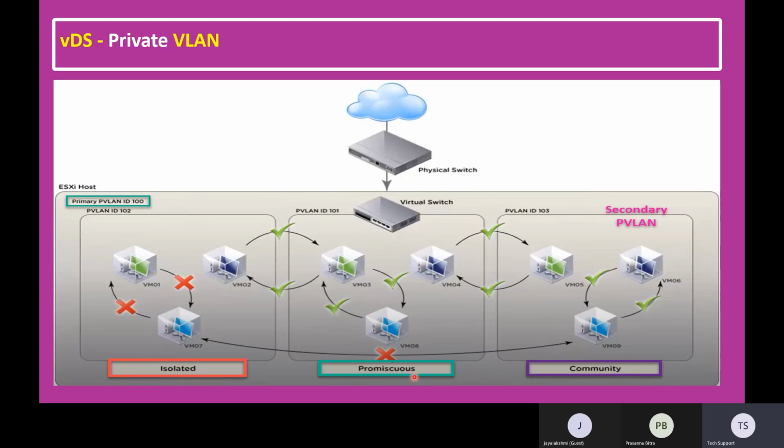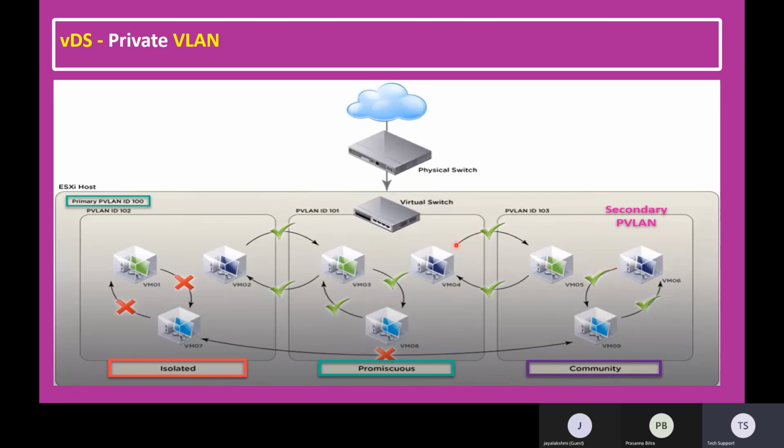The VLAN types are isolated, promiscuous, and community. Promiscuous means it can always communicate from the promiscuous mode network to isolated and from the promiscuous mode network to community. That is the benefit of promiscuous mode, which I highlighted with green color. Community means it will communicate only within its own community, as the name itself says.